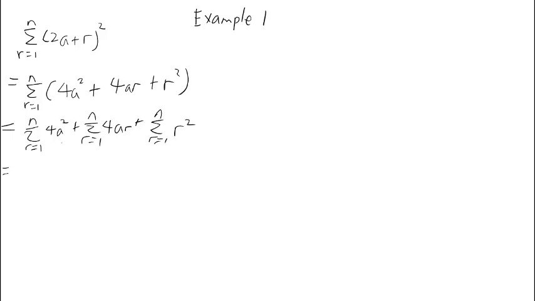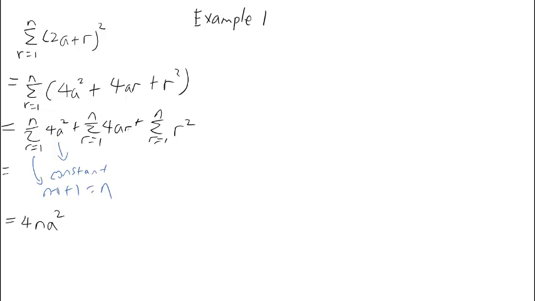This one is a constant, and the number of terms you take n minus 1 plus 1, you get n terms in total. That means I'm summing up 4a squared a total of n times. And so the answer is simply n times 4a squared, so you get 4na squared. Okay, that's for the first part.